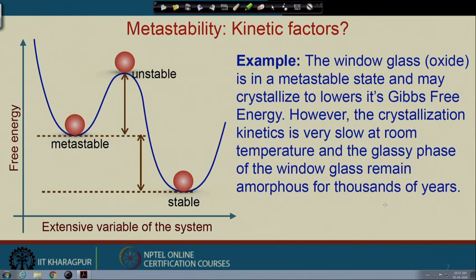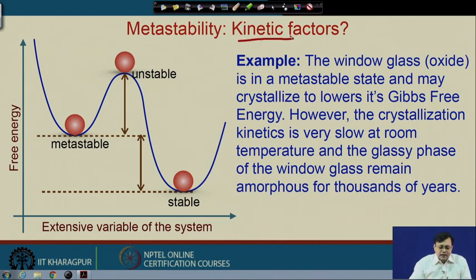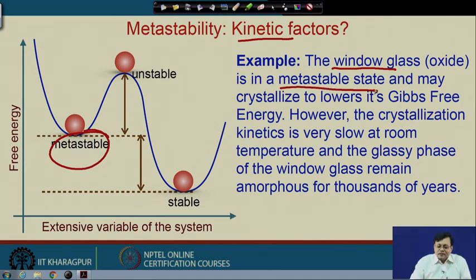Now, let us look at what is the importance of the kinetics in this process. Since I said kinetics, if we can restrict it, then we can hold the metastability of a system. As an example, we all know about window glasses. These are oxide glasses like silicon dioxide with some additives people add to make some color, and that is also in a metastable state.